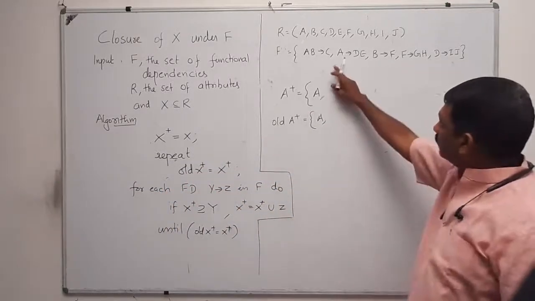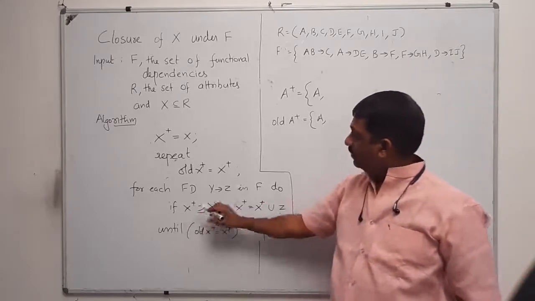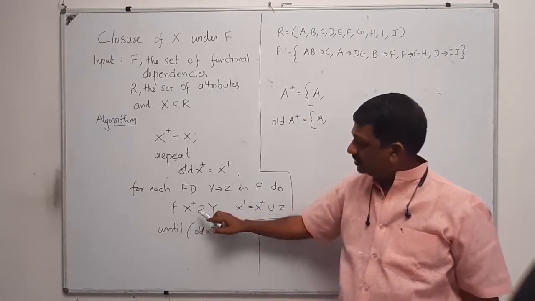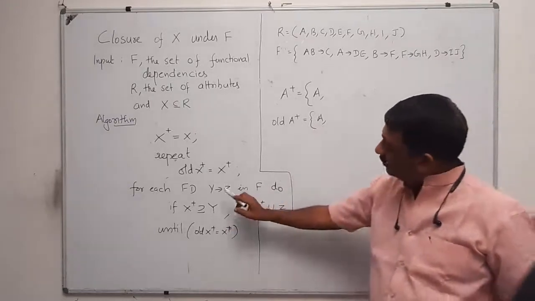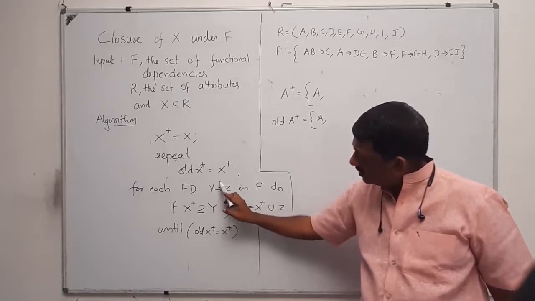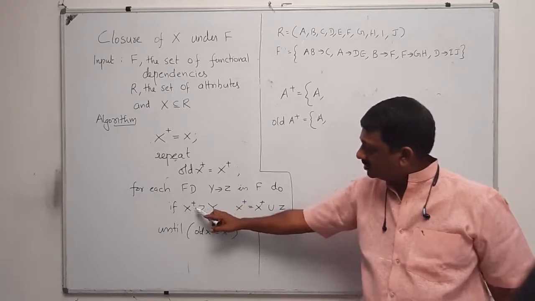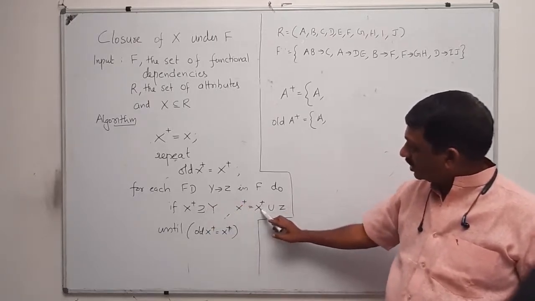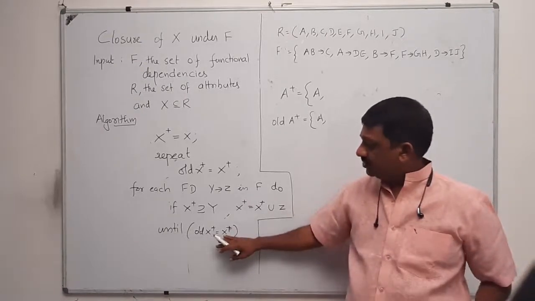For all these 5 functional dependencies, if X plus is a superset of Y, that means if you have a functional dependency Y determines Z, and this Y is already there in X plus, then you include X plus equals X plus union Z, until old X plus is equal to X plus.